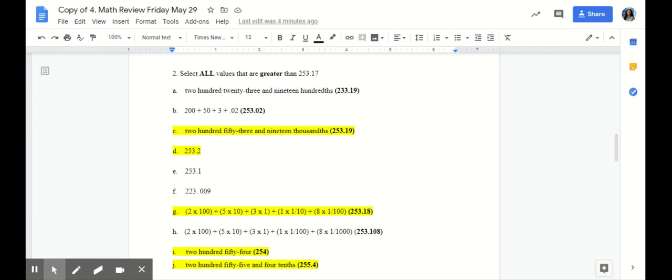Your job is to make sure that you write each answer choice in standard form. Like I did here, you'll notice that the numbers that are bolded are standard form. So A, 223 19/100, and I've written it in standard form here.